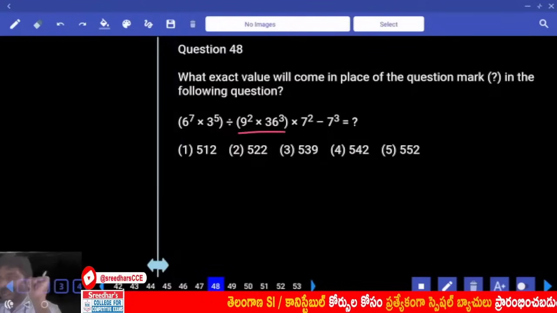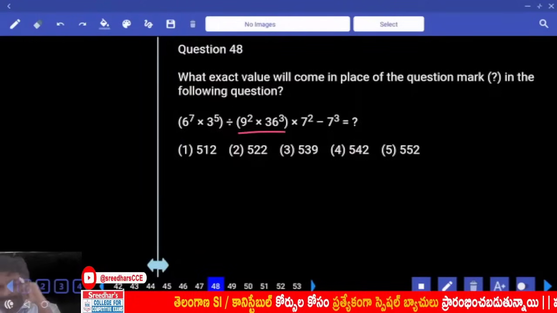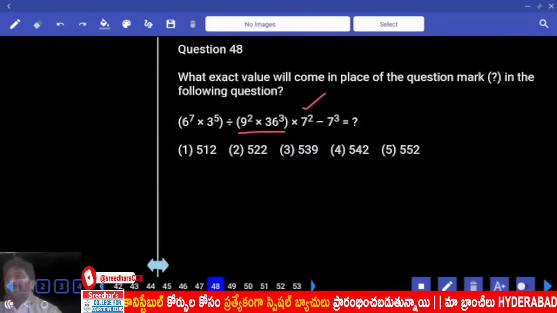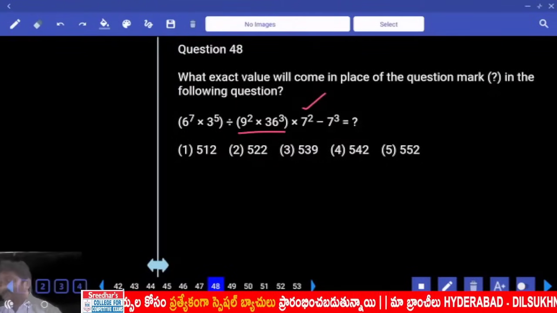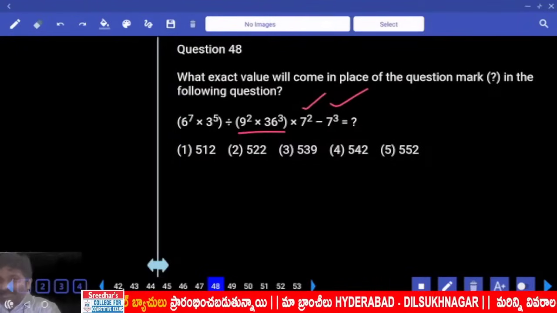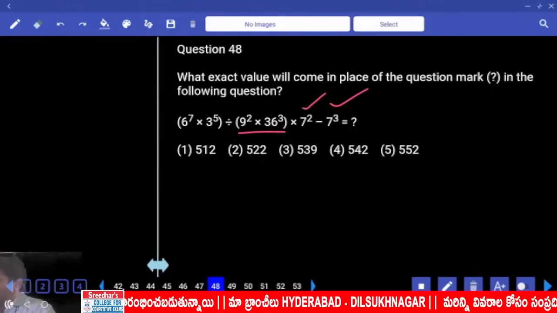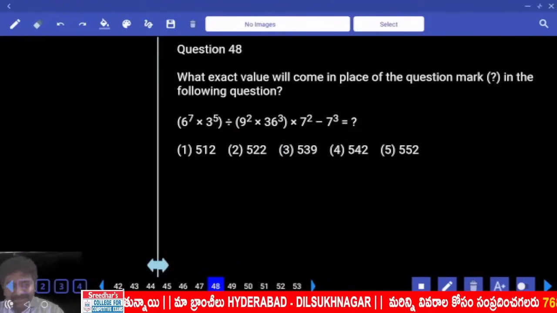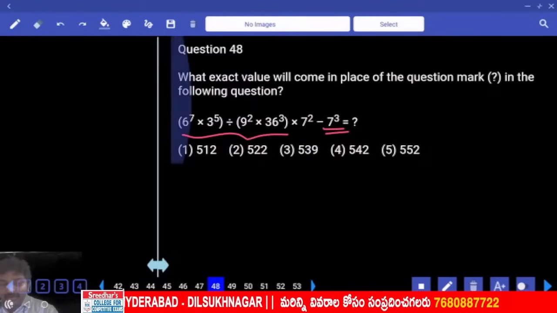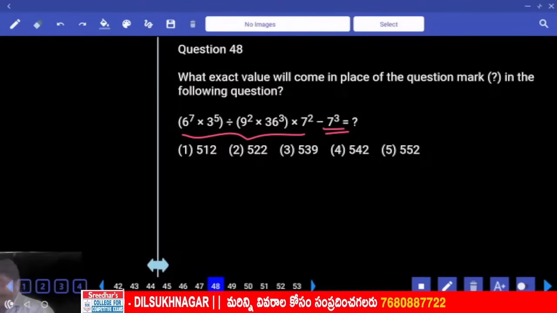This number comes in the denominator, correct? Here I see a 7 square multiple. Why am I talking about 7 square? I'll also tell you the logic. Immediately there is also a negative number, and there also I see 7 square. 7 cube is there, 7 multiple is there. So I know that this is definitely a 7 multiple, and I have a doubt whether it is a 7 multiple or not.